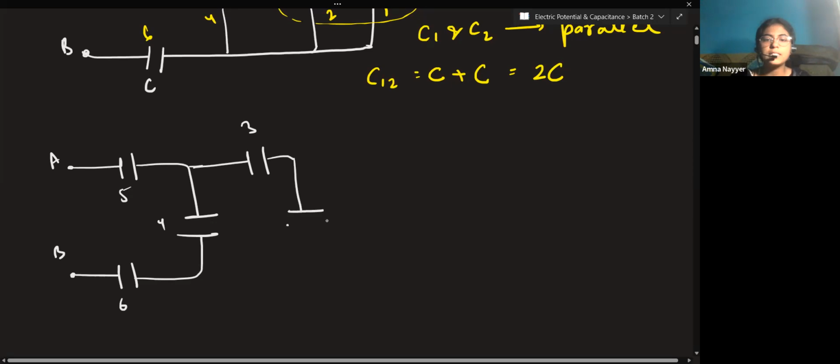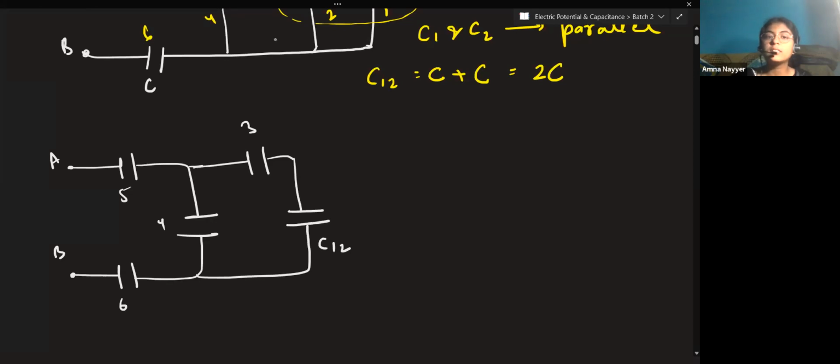This is my C12. Initially this was connected with C1 and C2, now it is only C12. I have taken the equivalent capacitance of both of them. Now this value is 2C.